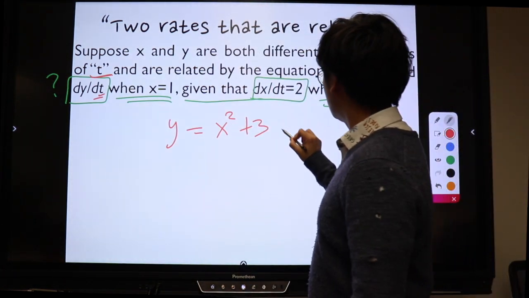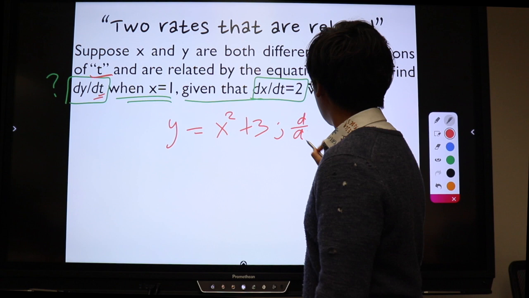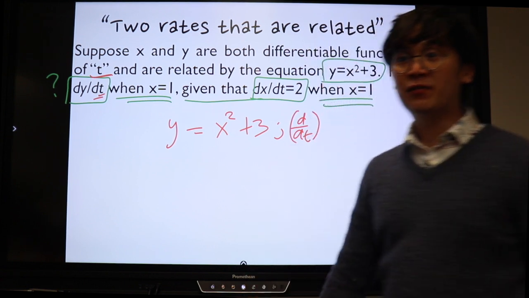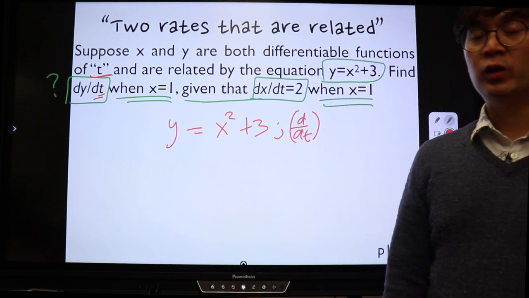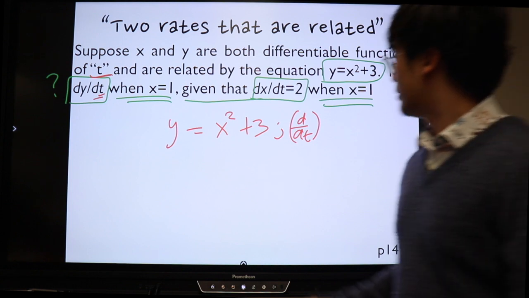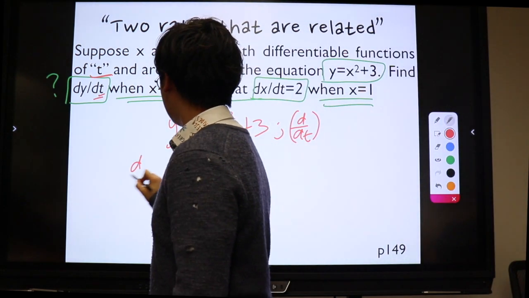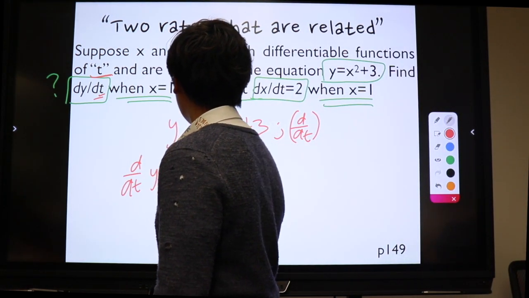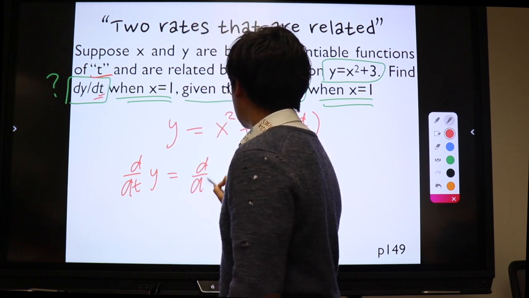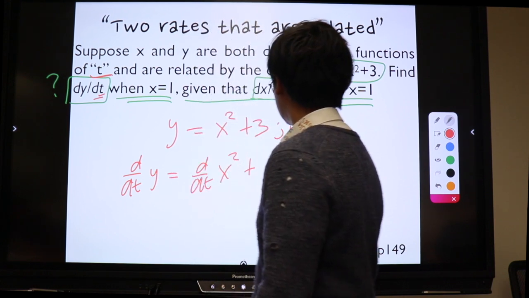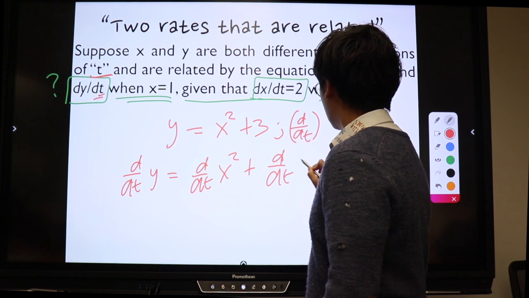So we're going to find the derivative of each term with respect to t. So we'll have d dt of y, d dt of x squared, d dt of 3.